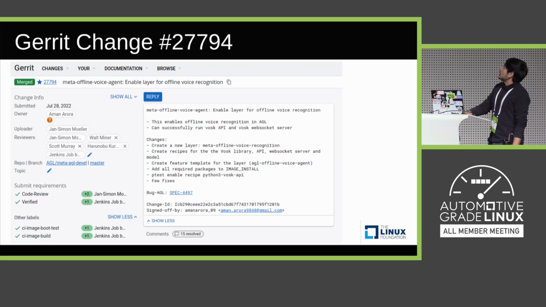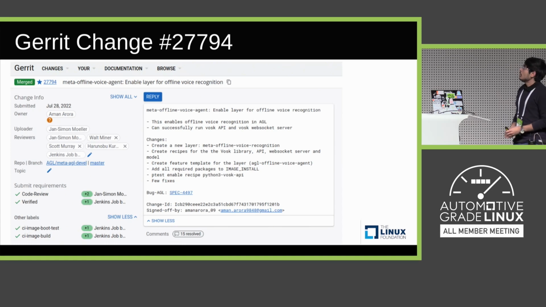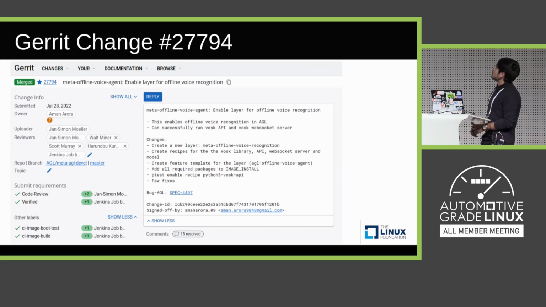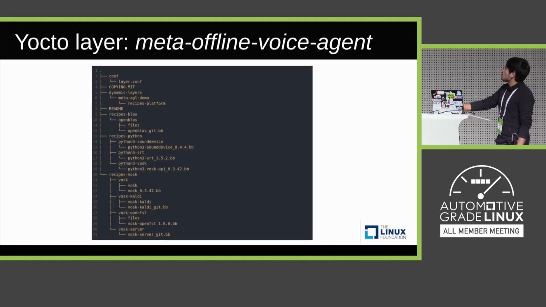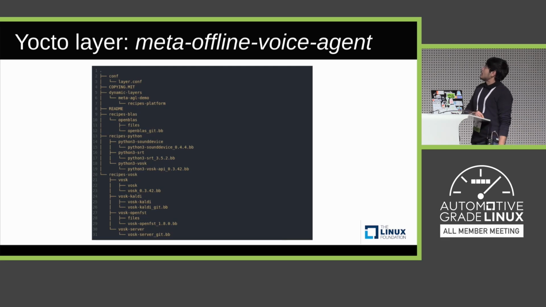And this is the change set that was submitted after doing all the work, basically enabling the layer and adding all the recipes. So we'll see all these things one by one now. As you can see, this is the structure of the layer. It contains all different sorts of recipes.